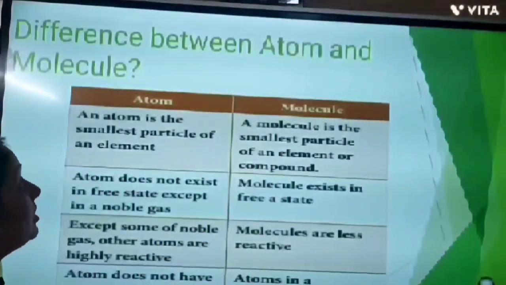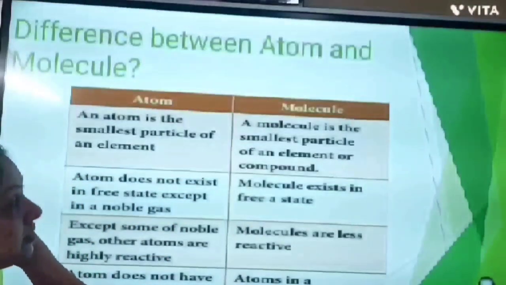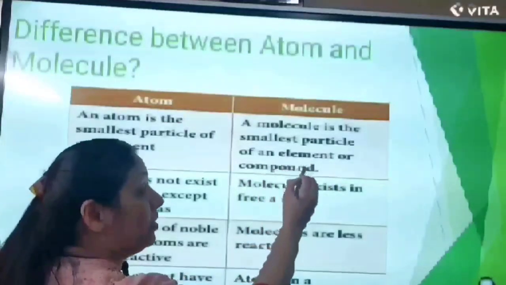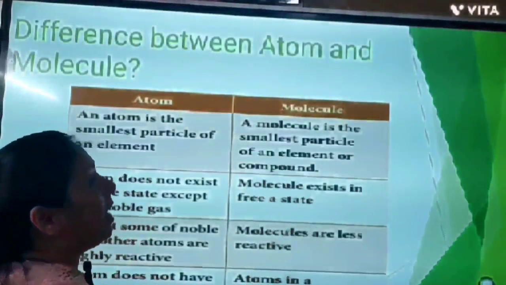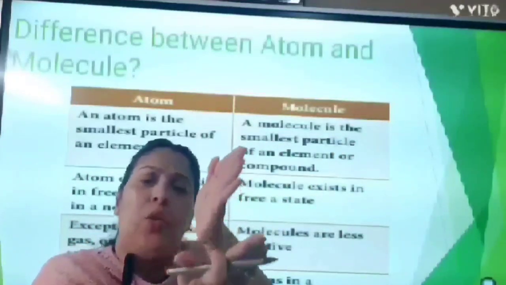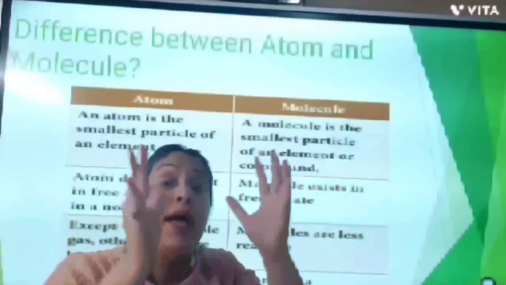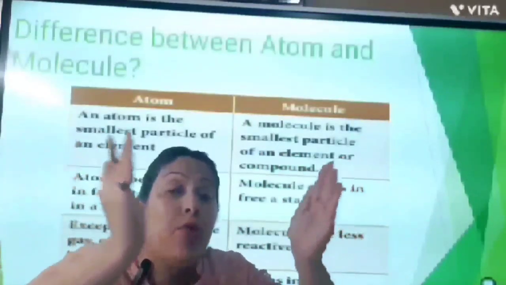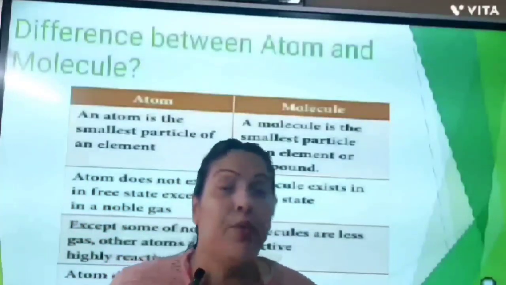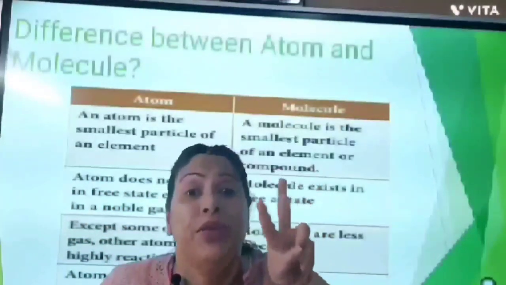So, difference between atom and molecule. An atom is the smallest particle of an element. A molecule is the smallest particle of an element or a compound. So it diversifies. An element is restricted only to atoms, while a compound can be atoms and molecules. If the same type of atoms combine together, it becomes an element.